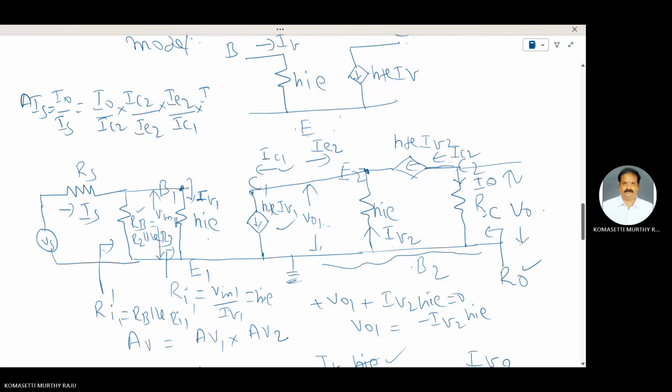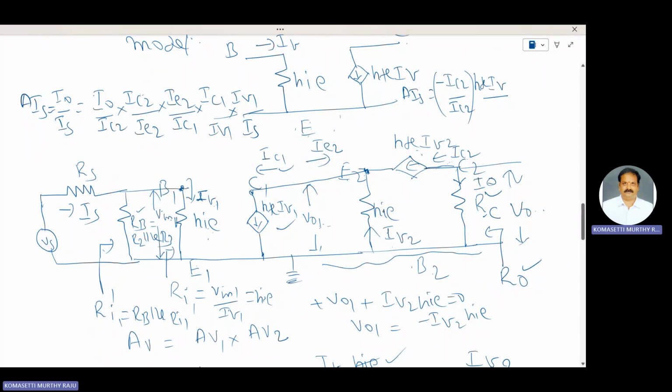Here I0 and IC2 are in opposite directions. Therefore, I0 is equal to minus IC2. So AIS is equal to minus IC2 by IC2. First one: IC2 is equal to HFE IB2 by IE2.